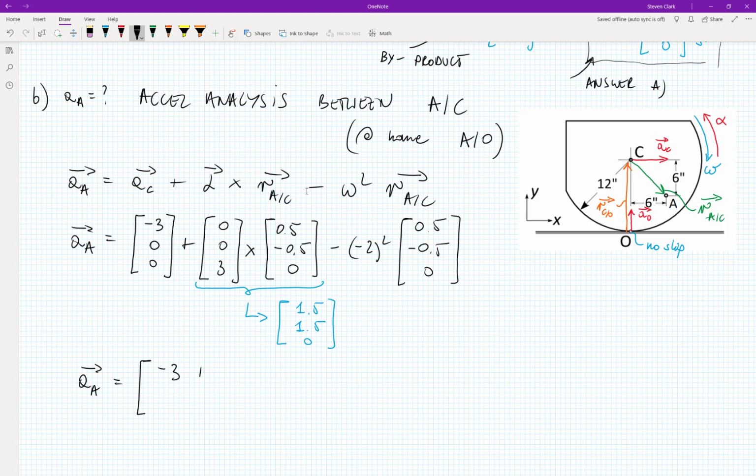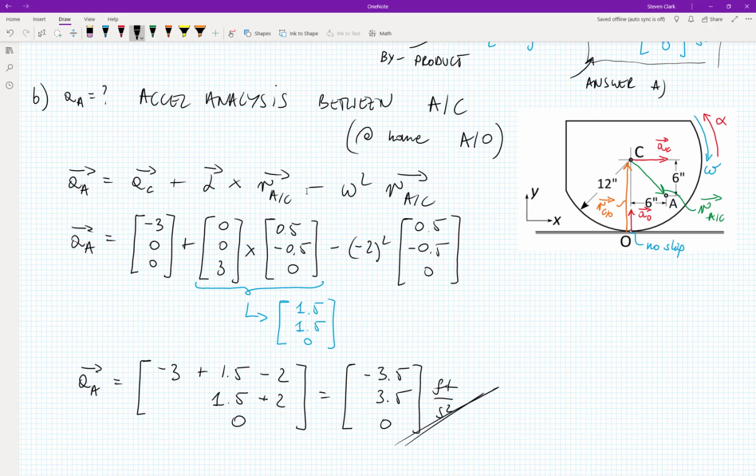It's minus 3 plus 1.5 minus 2 and 1.5 plus 2, 0. Minus 3.5, 3.5, 0 feet per second squared. This is the answer. Any questions?